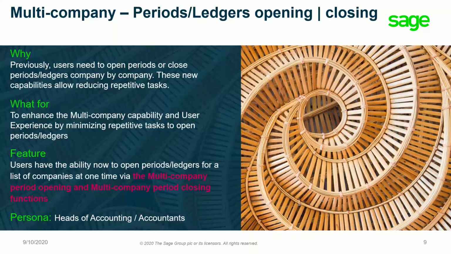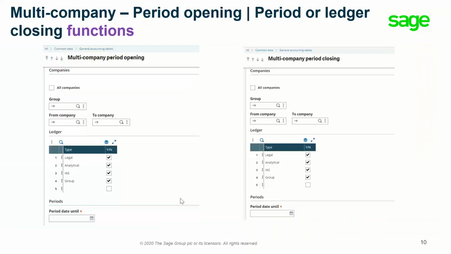To enhance this capability and also to improve the user experience by minimizing repetitive tasks to open and close periods, we have introduced two brand new functions, which are the multi-company period opening and multi-company period closing functions. Of course, this feature is more for our target persona, such as heads of accounting or accountants.